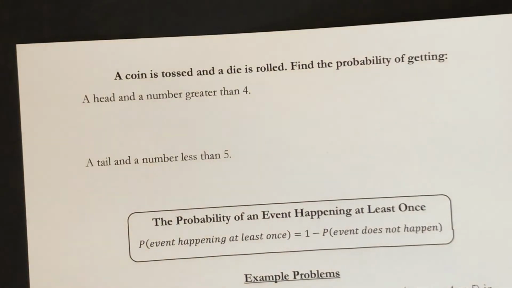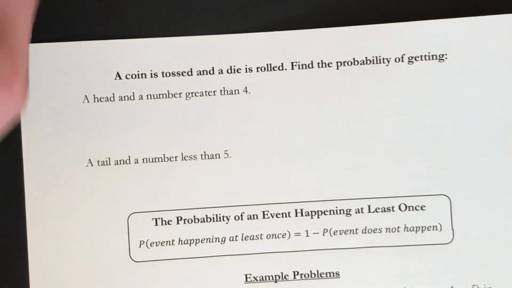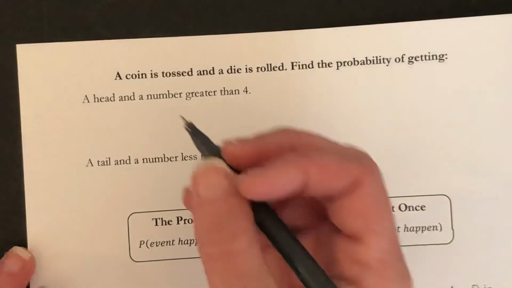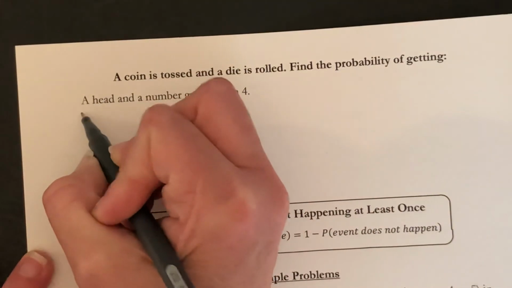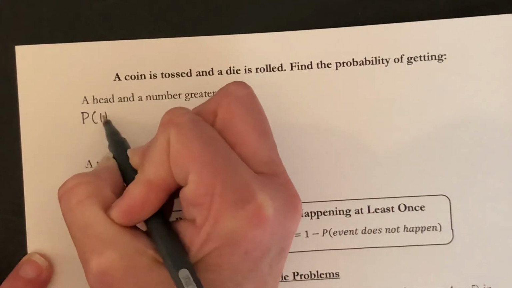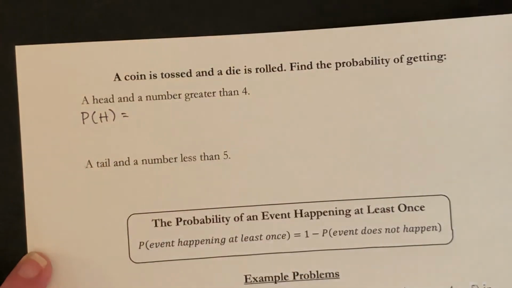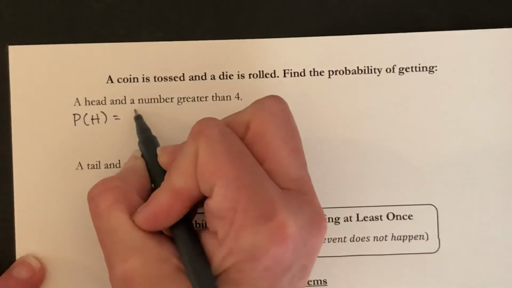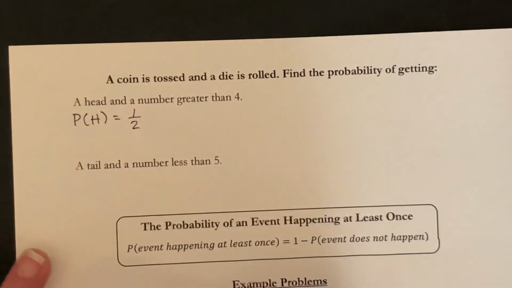Okay. So let's say a coin is tossed and then a die is rolled. Find the probability of getting a head and a number greater than 4. So the probability of tossing a head: the sample space is 2 because there's heads and tails. So there's one way to do this out of 2, so that probability is 1/2.